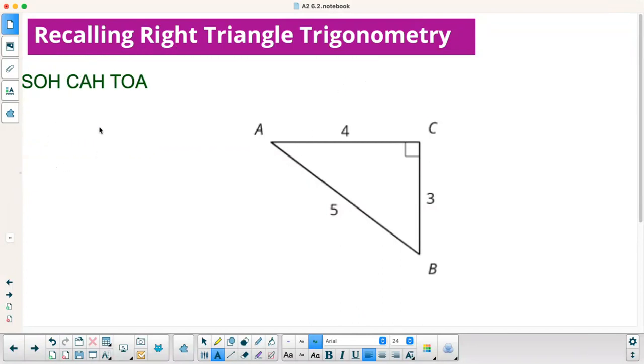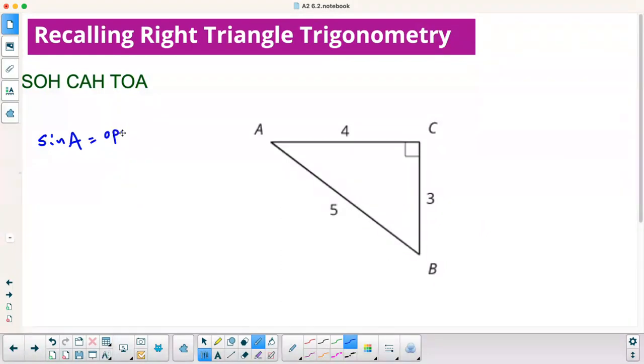The SO stands for the sine of your angle is equal to the opposite leg divided by the hypotenuse. The CA stands for cosine of your angle is equal to the adjacent leg divided by the hypotenuse.